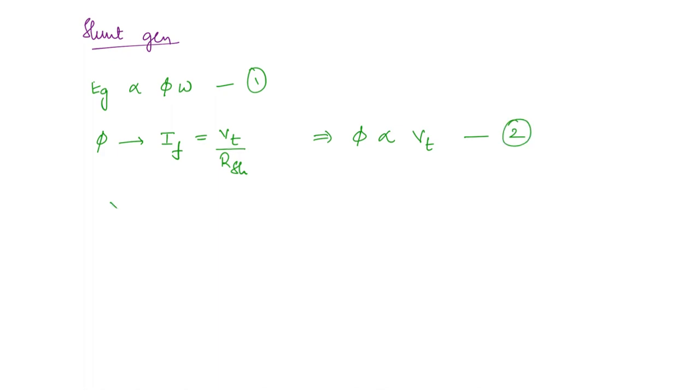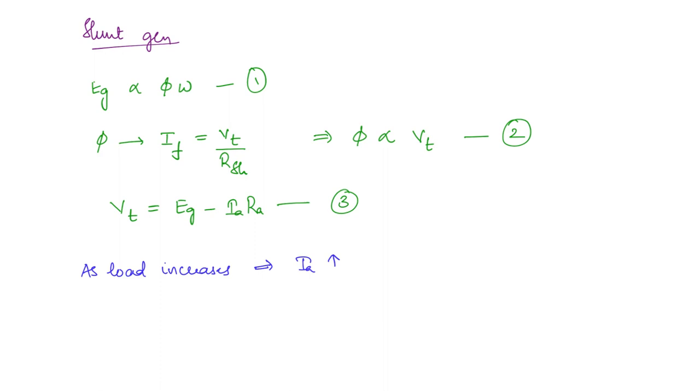And finally, what is Vt? The terminal voltage, you can write it as Eg minus Ia Ra, okay? Now using these three relations, we will get the characteristics, okay? So what will happen as the load increases? Load increases means the current that is drawn by the load is increasing. This means that the armature current is rising, okay?